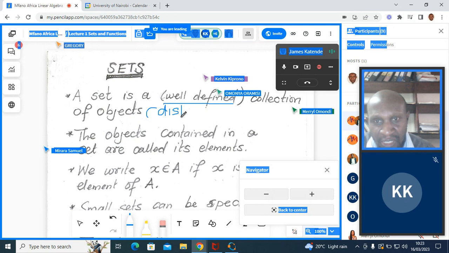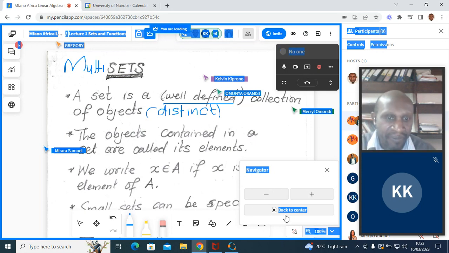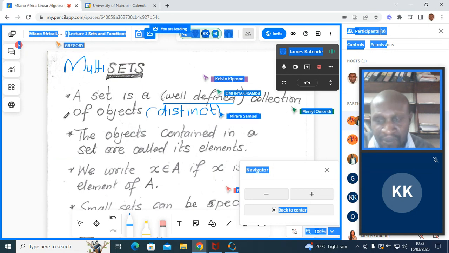The reason for this is that there's also another concept behind sets, where instead of sets, you have multi-sets. Multi-sets allow some elements to be repeated in the set, but we are not going to work with multi-sets. We just work with the usual sets that you're used to. So a set is simply a well-defined collection of objects.